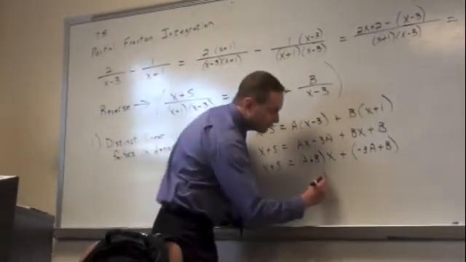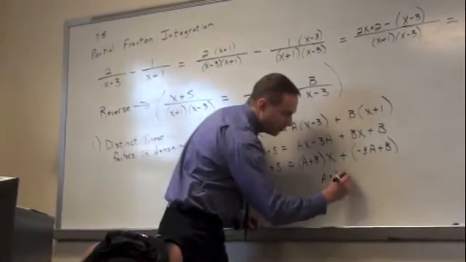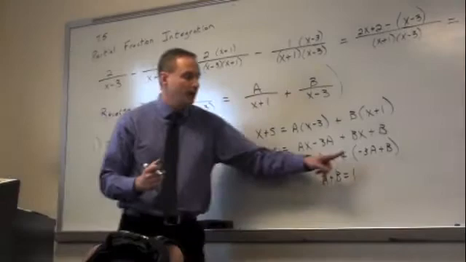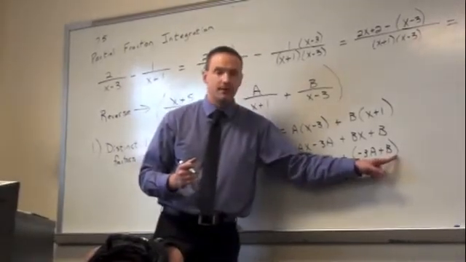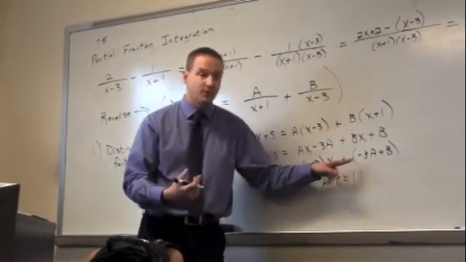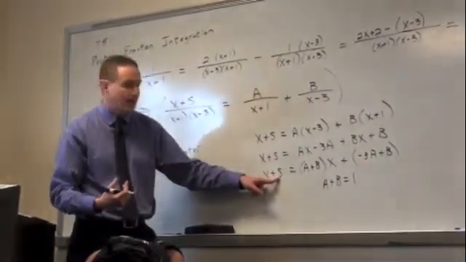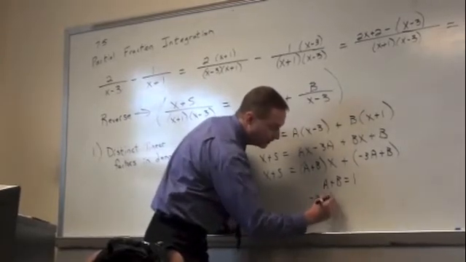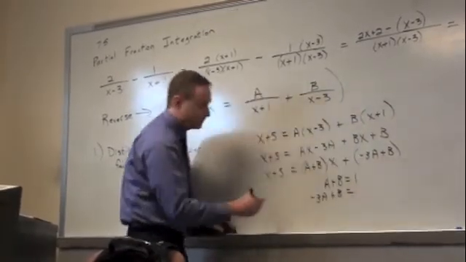So I am certain a plus b has to equal 1. What do I know negative 3a plus b is? It does not have an x with it, so this has to account for the constant on the other side. Negative 3a plus b has to be 5.